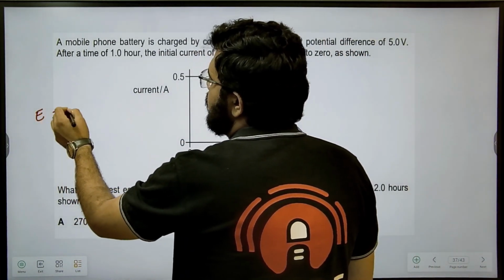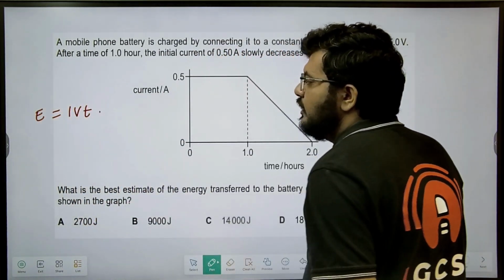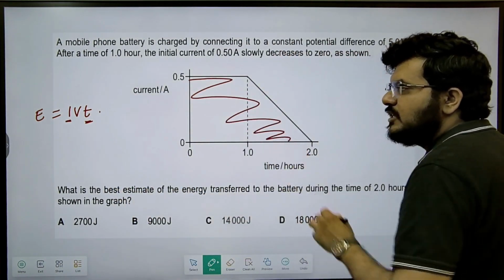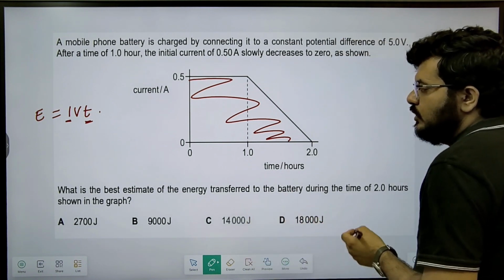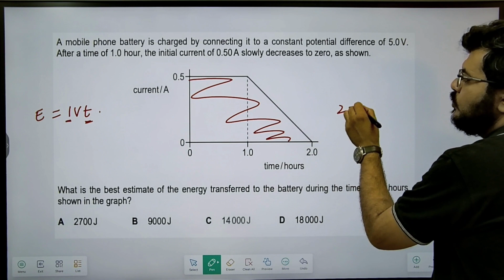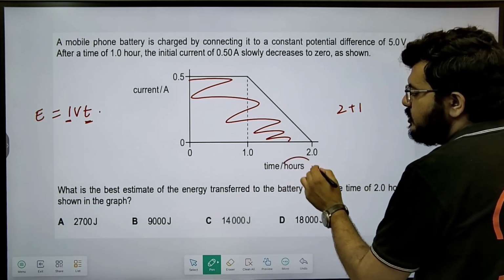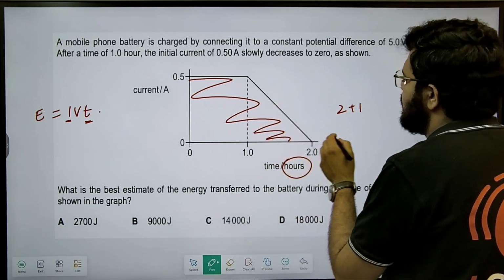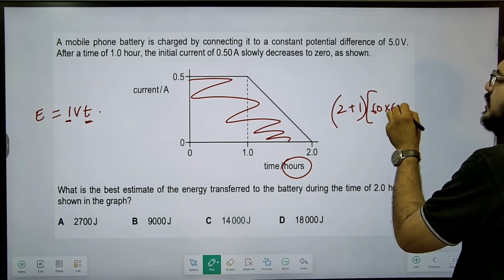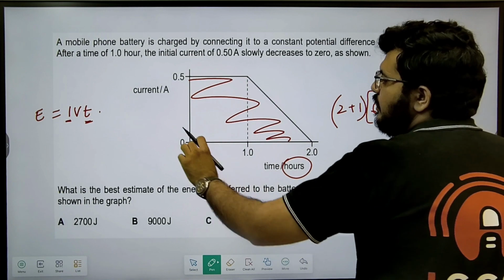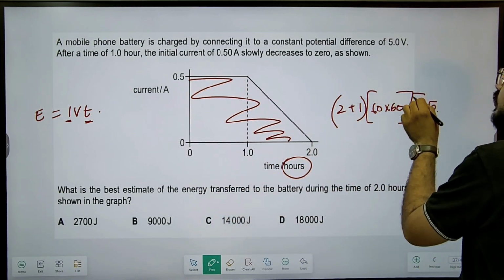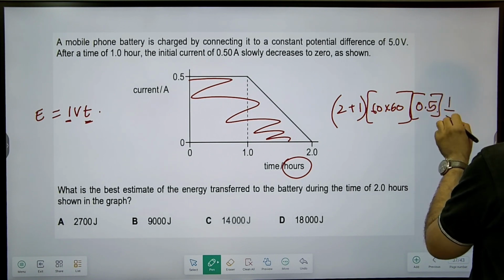Energy transferred is equal to IVt. I into t can be found from the area of this graph, right? The whole thing is a trapezium. So sum of parallel sides 2 plus 1, but because this is in hours, I require this in seconds. So 2 plus 1 into 3600, into the current. The distance between them is 0.5, so half into sum of parallel sides into distance between them.